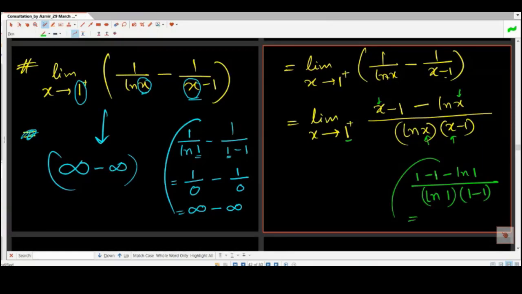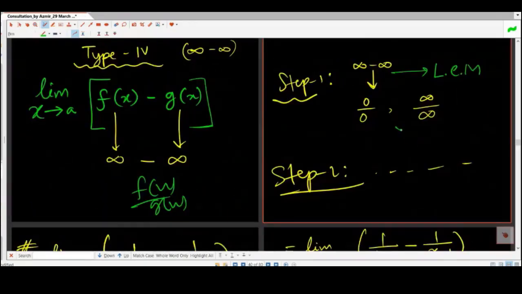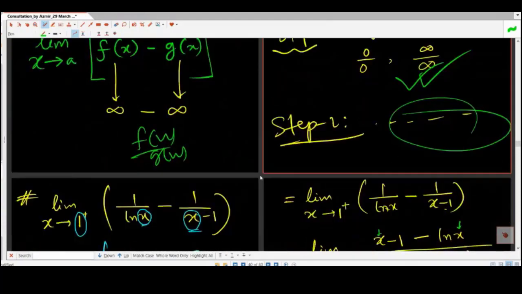So 1 minus 1 is 0, natural log of 1 is 0, so the numerator is 0 minus 0, which is 0, and the denominator is 0 times 0, which is 0. So the form that we have here is of 0 over 0 type. That means step 1 is done. We can apply L'Hopital's rule.